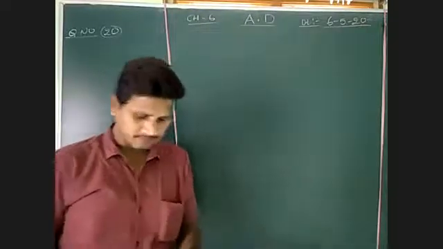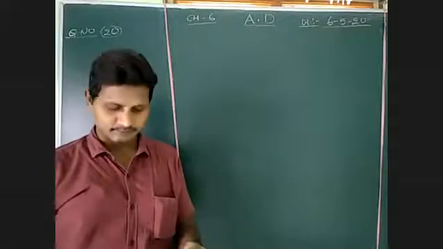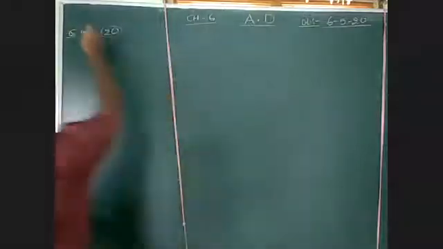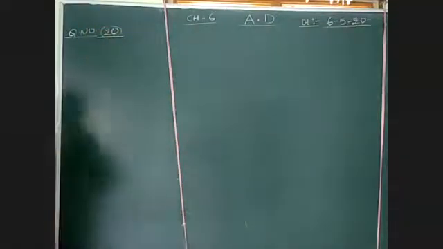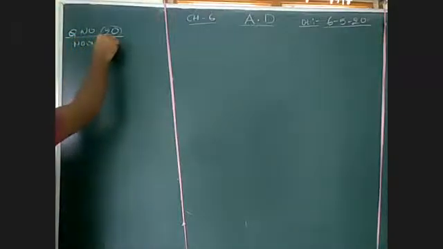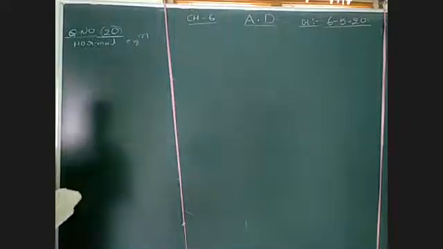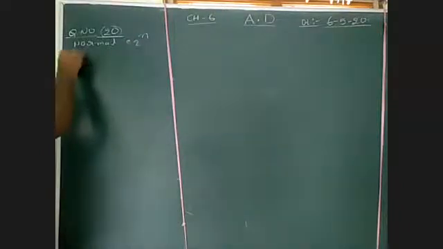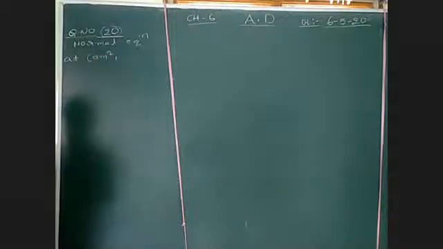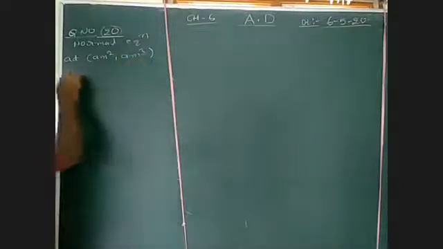Question number 20. Find the equation of the normal at the point. Okay, look at question number 20. Here we need to find the normal equation. For the function, they are given the point A, m square, comma A m cube, to the curve.